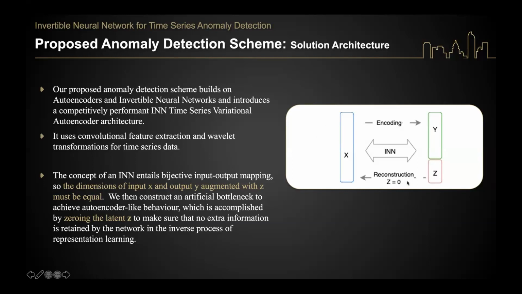This way, we construct an artificial bottleneck, but in such a way that we are not really remembering any data in X explicitly, because this is all essentially zero. So yeah, I'm putting it here. We are zeroing this latent space. So no extra information is retained, and the learning process is a true learning process and not a memorization of some sort.